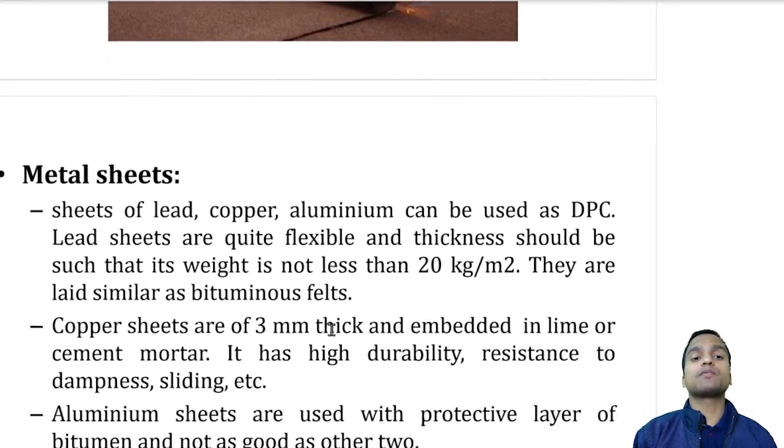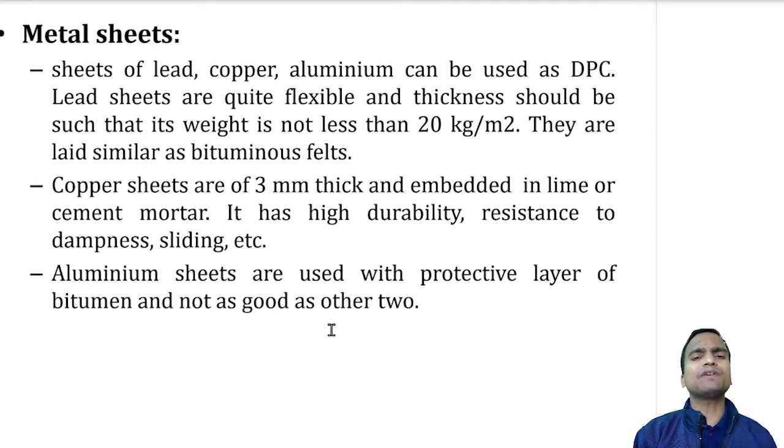Now the next type of material is metal sheets, and different metals like lead, copper and aluminium can be used as damp proof course. And these sheets are quite flexible, and the thickness should be such that the weight is not less than 20 kg per square meter.